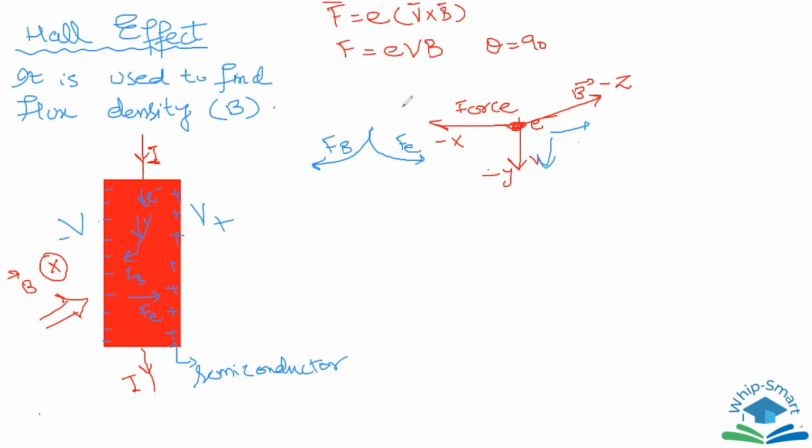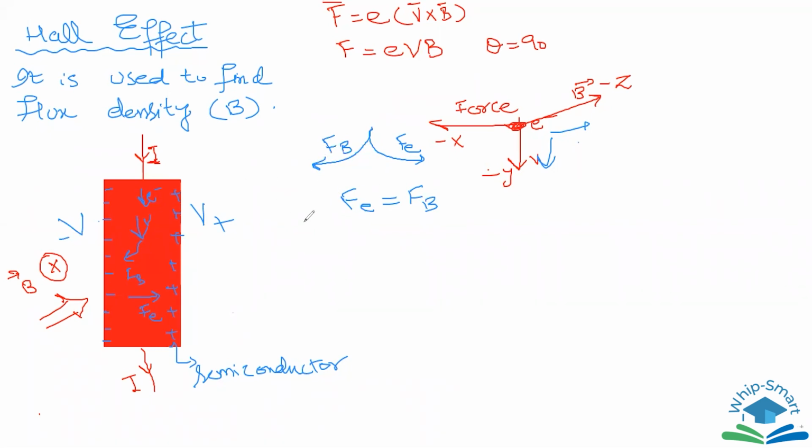So if the electric force is greater, then definitely these electrons will move towards the positive side of the plate, and if the magnetic force is greater, then definitely they will go to the negative side of this plate. By equalizing both of these forces, we can find the potential created by the slab, and that potential can give us the value of the magnetic flux density.